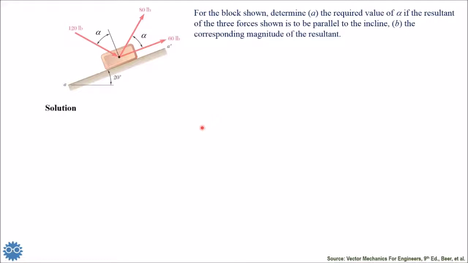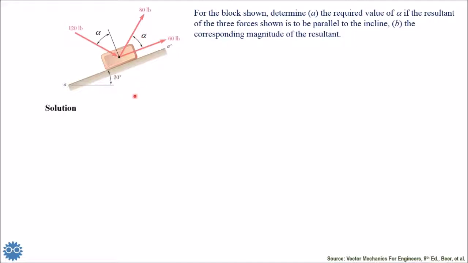Now, here we'll use a different strategy. Why? Because if we make our analysis in the x, y direction, in the exactly horizontal and vertical directions, and the usual Cartesian coordinates, we will have to add to every computation of the angle the value of 20 to alpha.